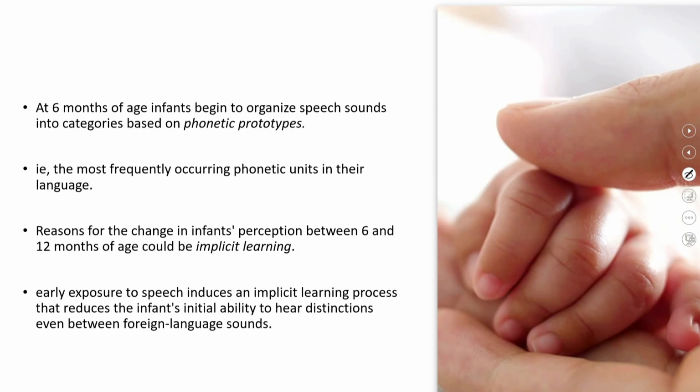So, the reason for the change in infants' perception between 6 and 12 months of age has been put down by various researchers to what is called implicit learning, because of the environmental input. Early exposure to speech induces an implicit learning process that reduces the infant's initial ability to hear distinctions even between foreign language sounds.